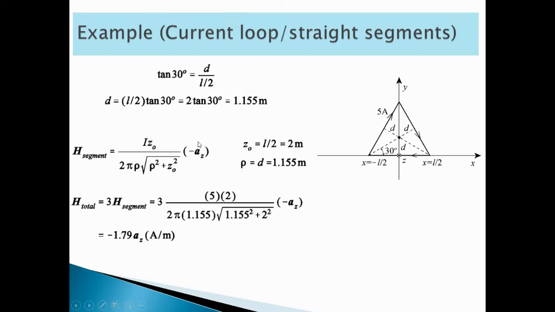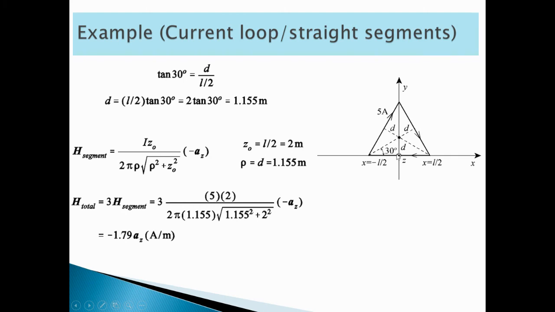Here rho is equal to d, because this is the distance from z naught, and z naught is equal to L by 2, so this point is 2 meters. So we know rho, we know z, we know I. We put these values here, and then we get the H segment.